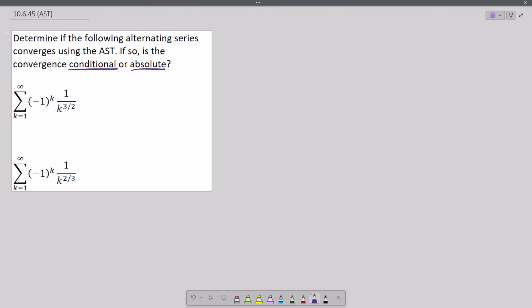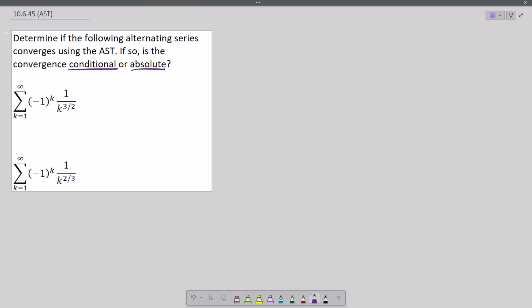So think in your head. A, is the limit 0 for both of these? B, are the terms decreasing if you ignore the switch? And then conditional or absolute. Remember that absolute convergence means that the absolute values converge.